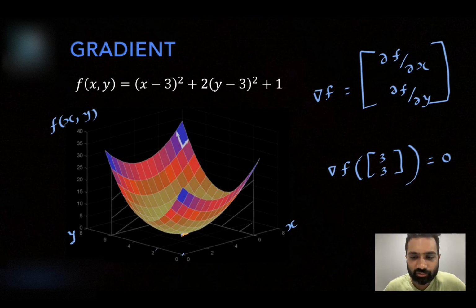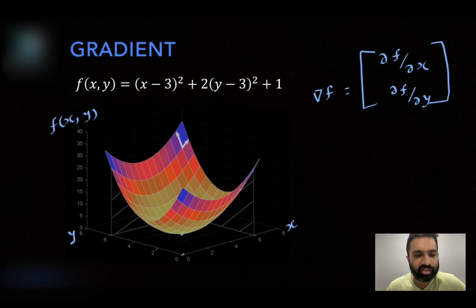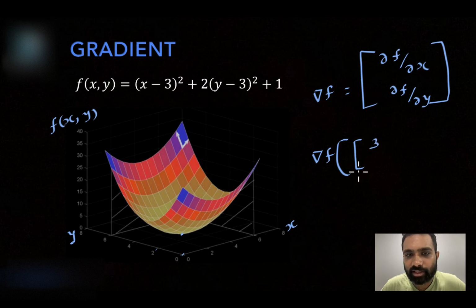Now let me ask you one more thing. What will be the gradient of the function at this particular point? I am considering a gradient at a new point, where I am keeping the coordinate x the same, which is 3, and I am changing the coordinate of y, which is 0, let's say.